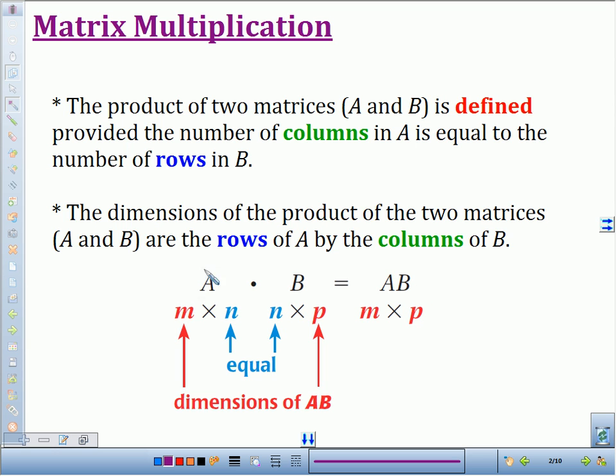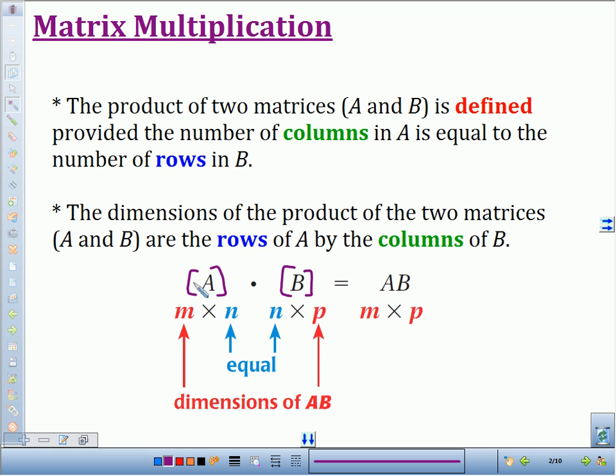Now we have matrix A, right? This is matrix A, and we see that matrix A has dimensions m by n, so m rows and n columns. Matrix B has the dimensions n by p, that is n rows and p columns.